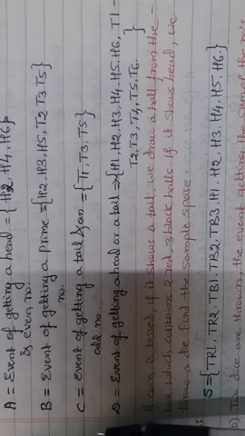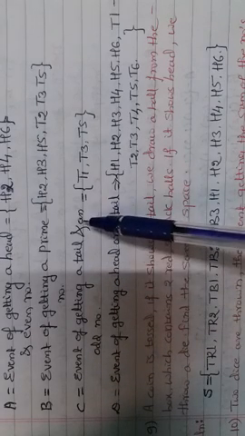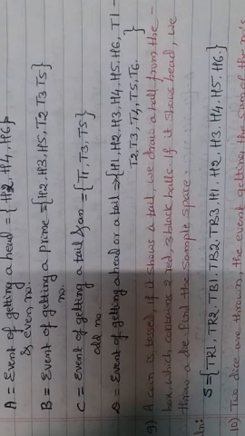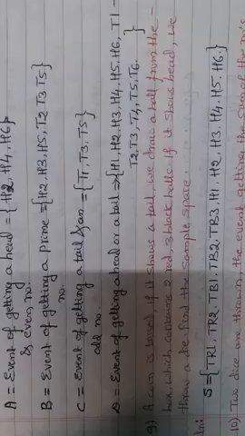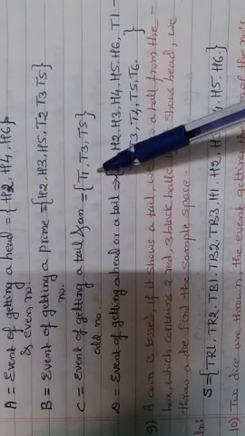C. Event of getting a tail and an odd number only. When a coin is tossed, we should take only tail here. Don't take head. First coin tossed, tail appears.